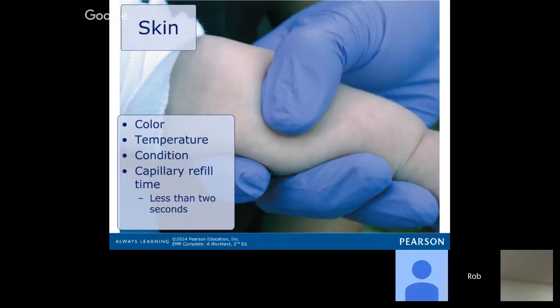I look at you guys in here. You all have good color, condition, and temperature of skin. You guys are solid. Go stick your hand in a bucket of ice, and it takes cap refill 5 seconds to come back. You're still good to go. Your hands are just cold. So once again, treat that patient.